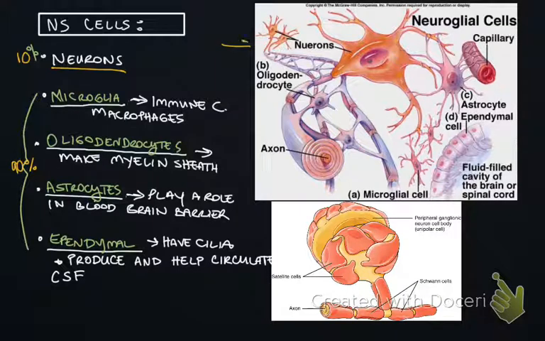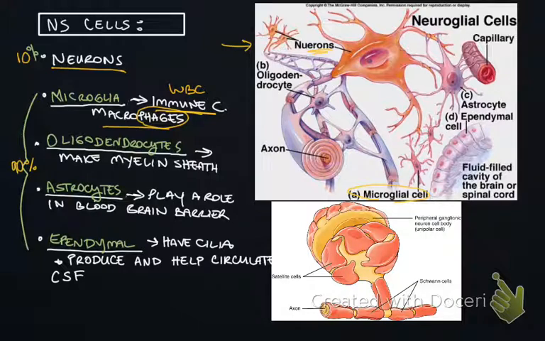So in this picture, we have, of course, a neuron, but we also have all these other cells. We have microglia, which function as immune cells, like macrophages that eat debris. Immune cells are like the white blood cells that have moved out of the blood into the tissue.